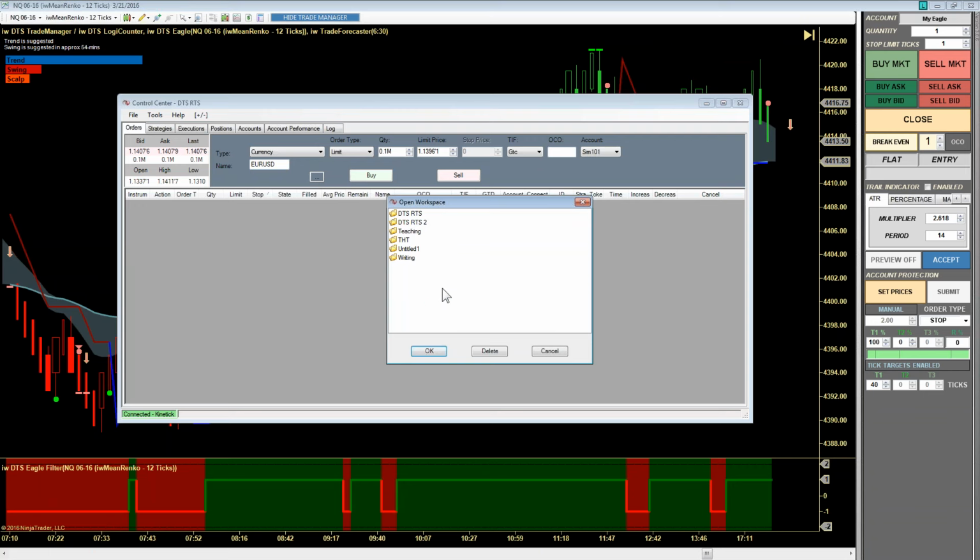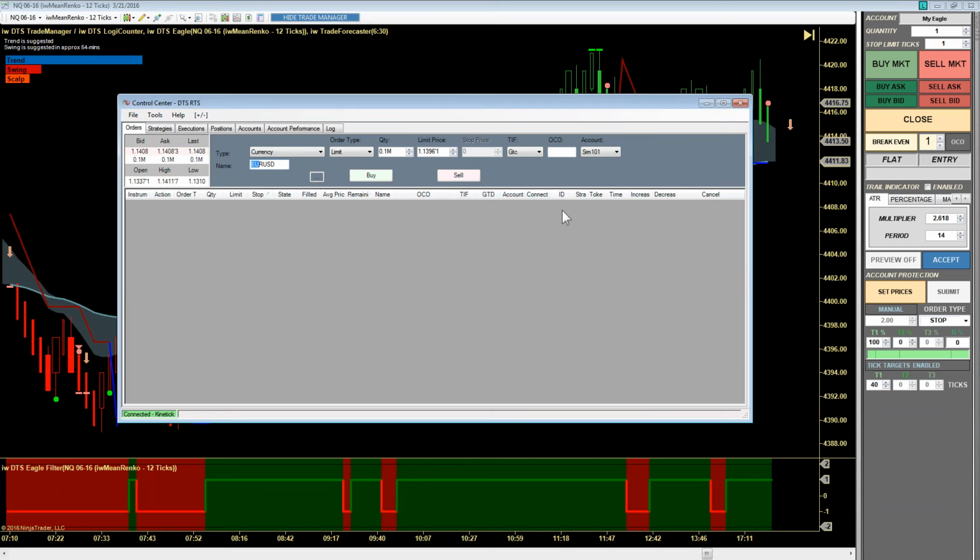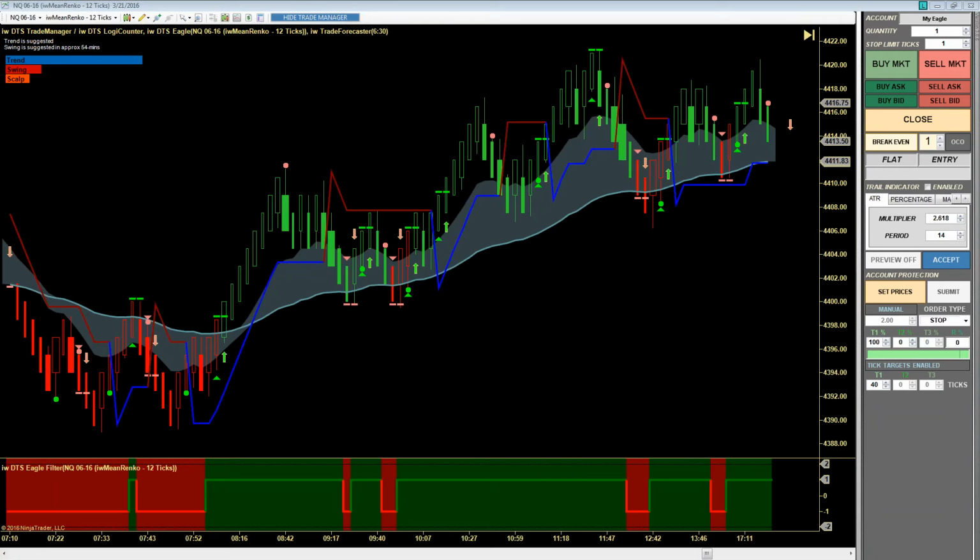And the workspaces, of course, are saved in the Ninja folder. So it's good to have some sort of redundancy there. And ditto with your templates. When you have your charts finally set up the way you like them, I like to change my colors from the stock colors, my signal bars and whatnot.